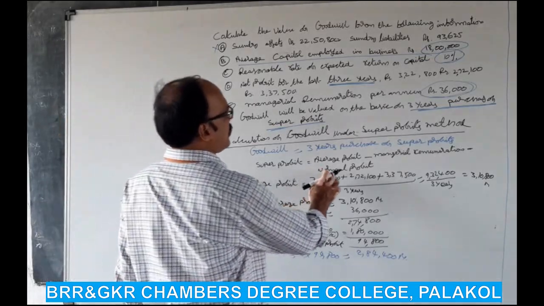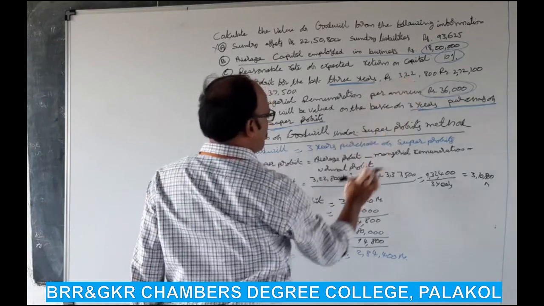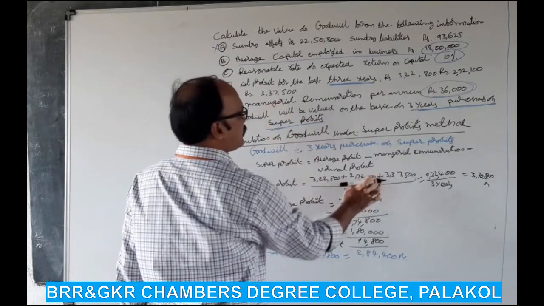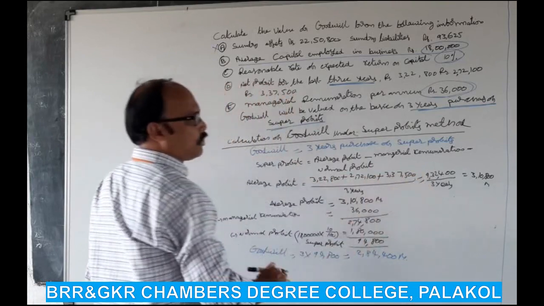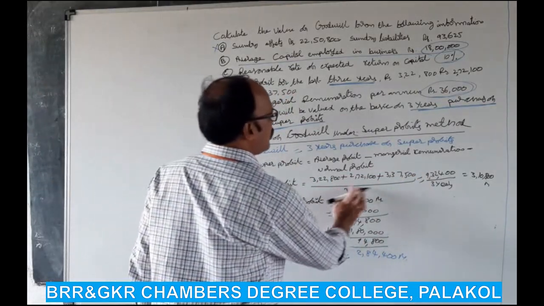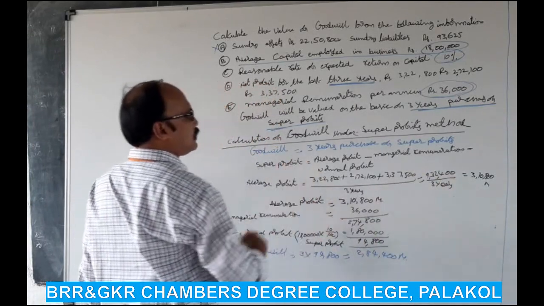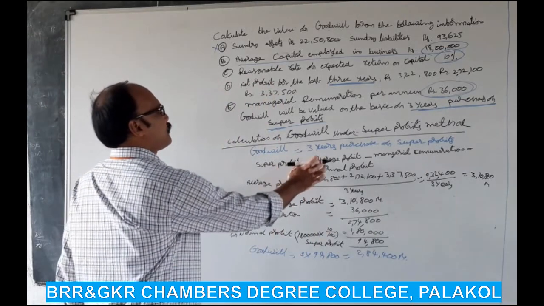First year profits 3,22,800, second year profits 2,72,100, third year profits 3,37,500. Total of 3 years profits is 9,32,400 by number of years, 3, that is equal to average profit, 3,10,800. Step 1 is over.